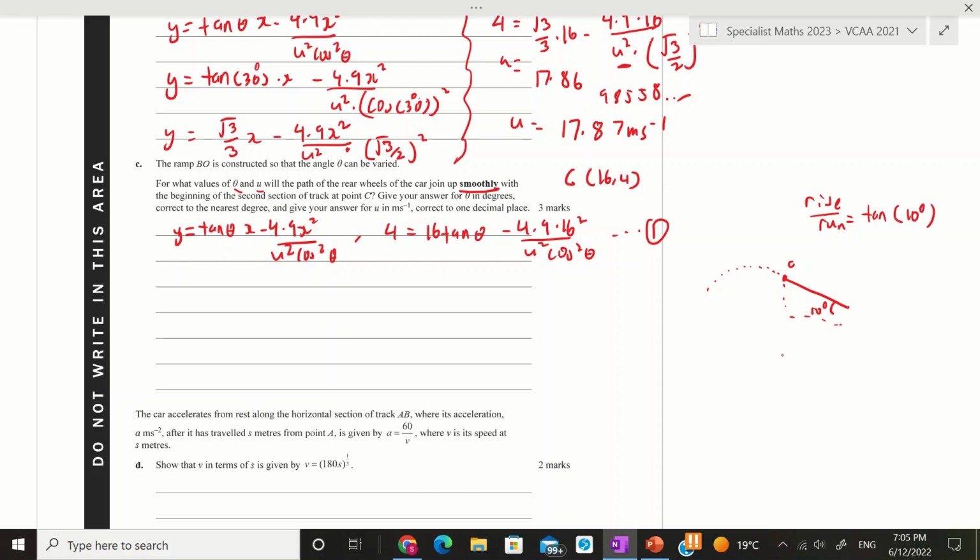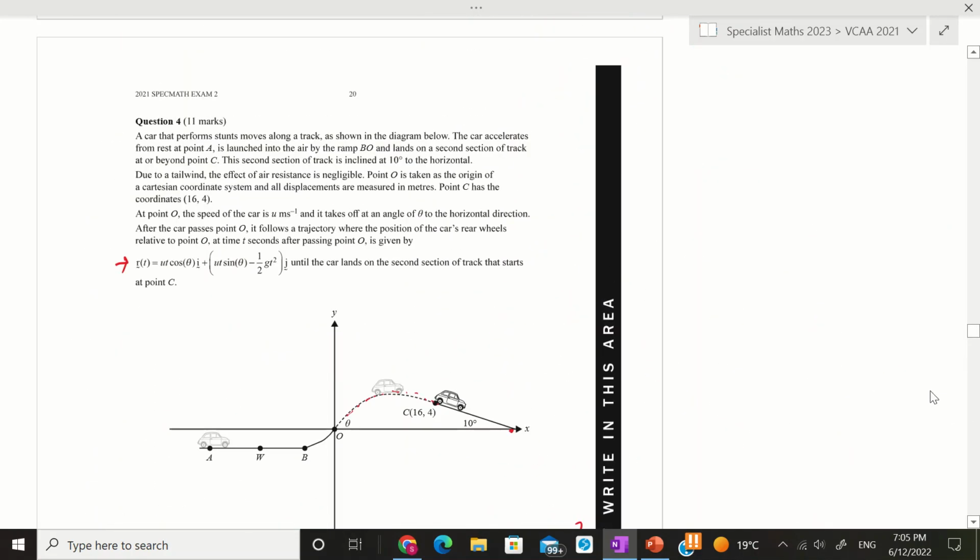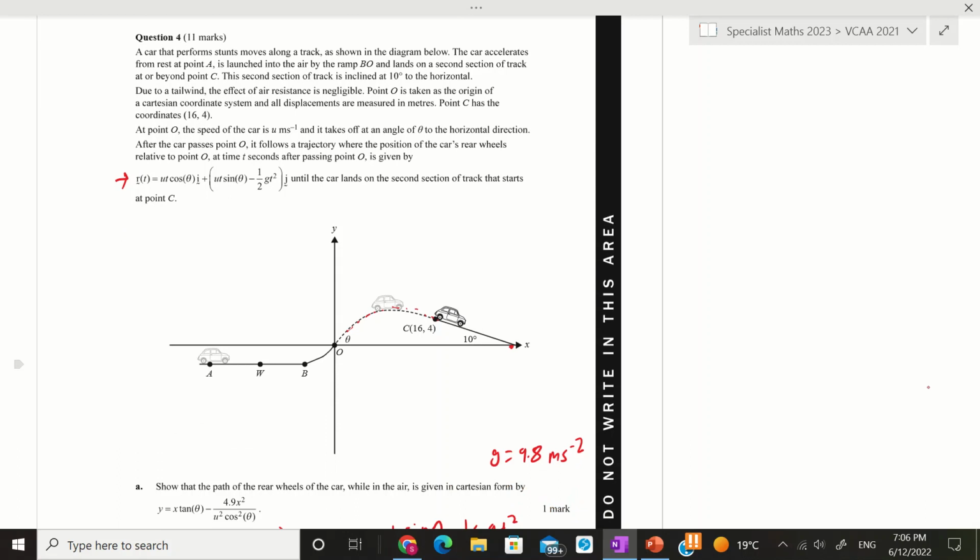But is this completely correct though? Again, I might go back up to show you what the diagram looks like. We see that this angle here is 10 degrees, so we know the gradient is tan of 10, but is it just tan of 10? We can see that this line is facing the other way. It has a negative gradient.